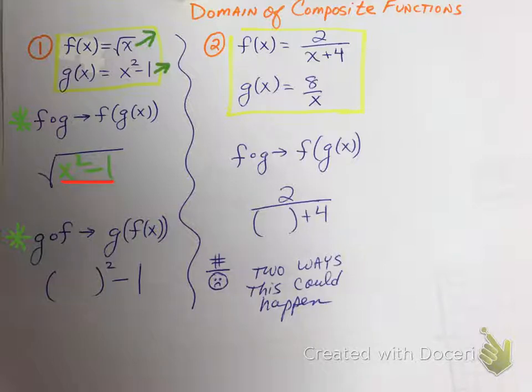So we have to look at the resultant function here, and the domain would be x has to be greater than or equal to 1, or x is less than -1. So the original function domain here is greater than 0, but once you insert the two functions into each other, you are going to get a totally different domain, so just be careful of that.